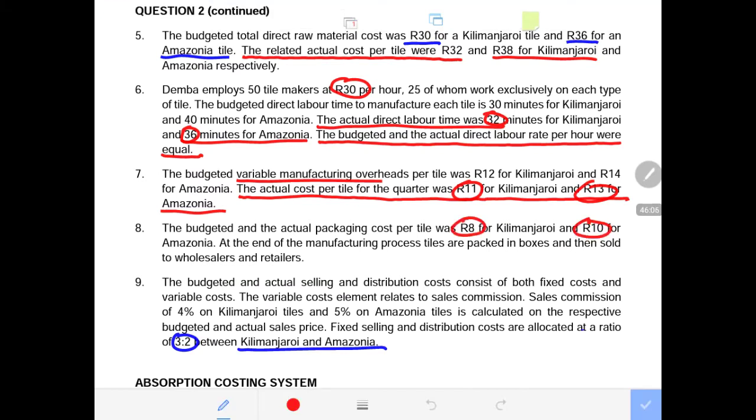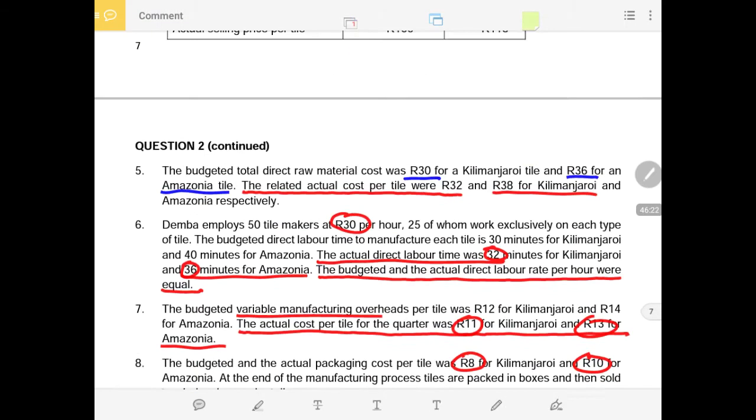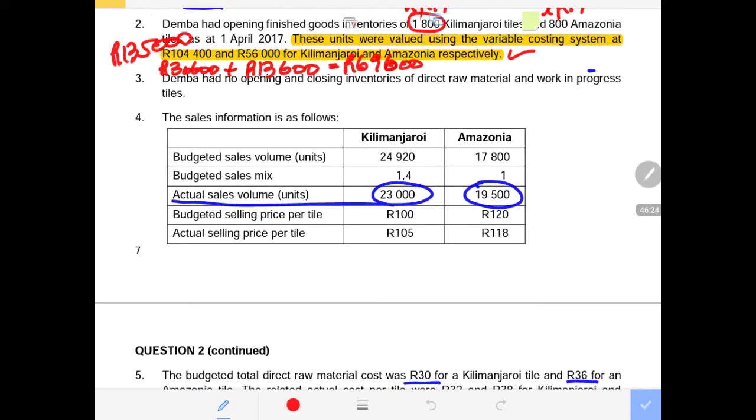Another cost, remember, is the 4% of the selling price and the 5% of the selling price, which is our selling and distribution, of the sales price of the products that we are dealing with. So we need to look for the actual selling price. 4% of this will be variable selling and distribution, and 5% of this will be variable selling and distribution cost.